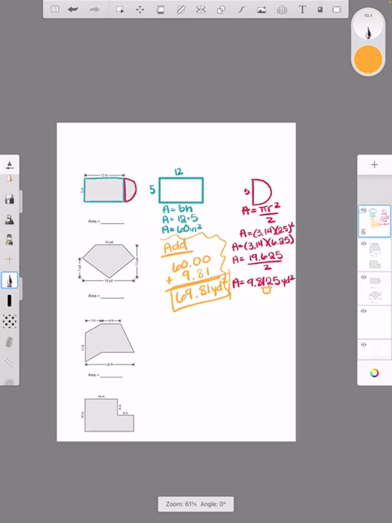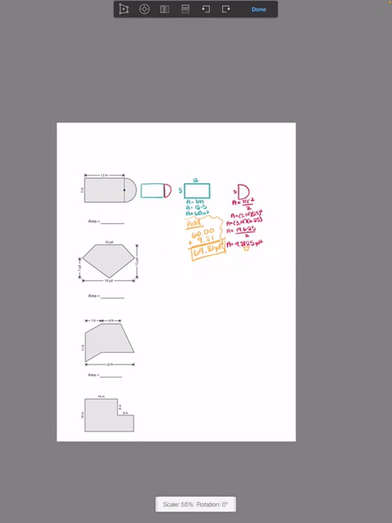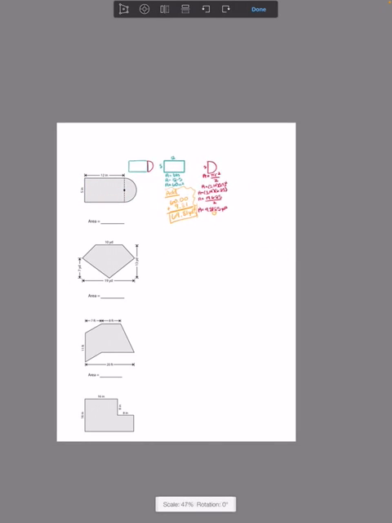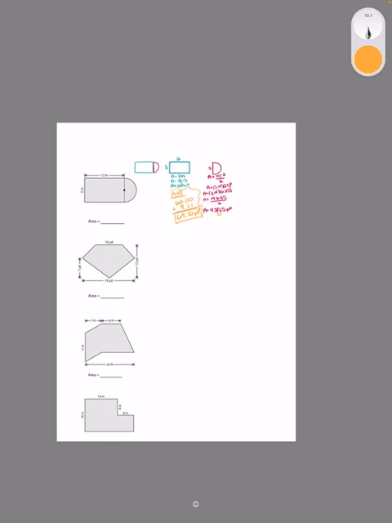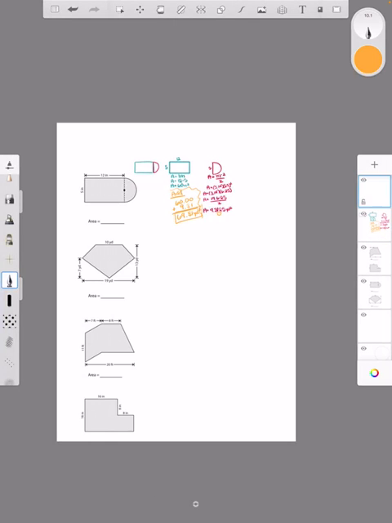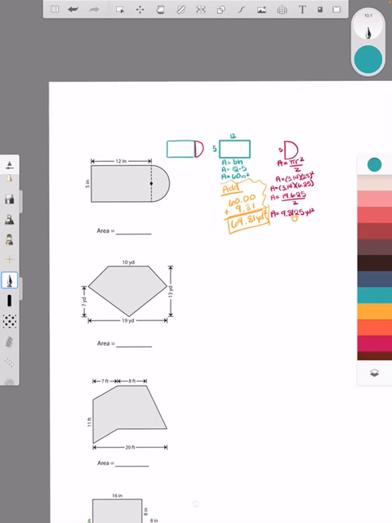And I'm going to go ahead and make this small and move it on up. That way we could do the other ones. All right, moving on to number 2. So again, I'm going to outline both of my figures. Over here we have a trapezoid.